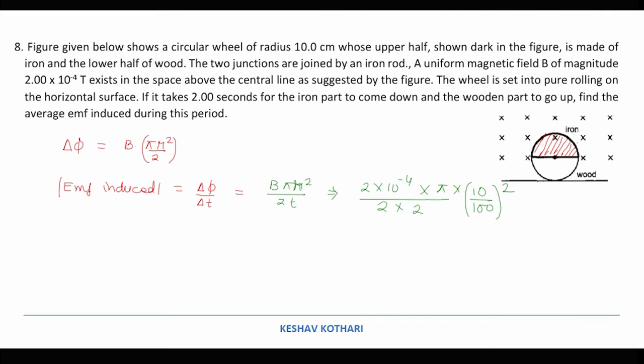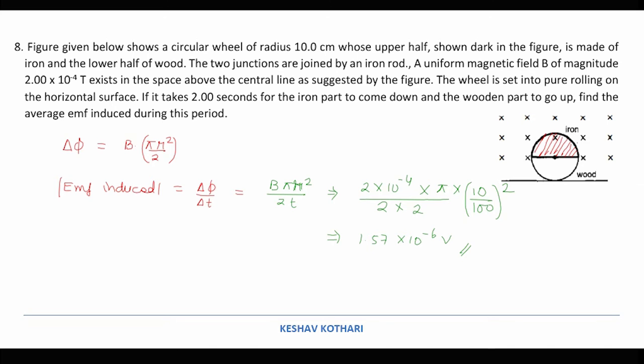So we obtain an expression like this, and on solving we obtain this value as equivalent to 1.57 into 10 to the power minus 6 volt. So for this particular problem, the answer is 1.57 into 10 to the power minus 6 volt.